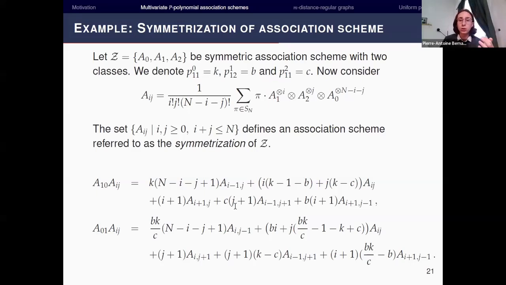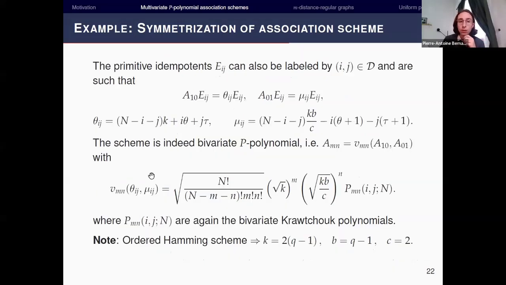And if you solve these relations, you find that this polynomial Vmn of A10, A01 needs to be again the Bivariate Krawtchouk polynomials. So when you evaluate these polynomials on the eigenvalues of A10 and A01, you recover the usual Bivariate Krawtchouk polynomial evaluated on I and J.